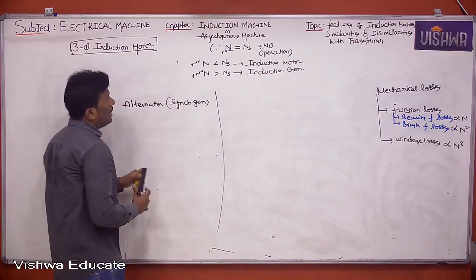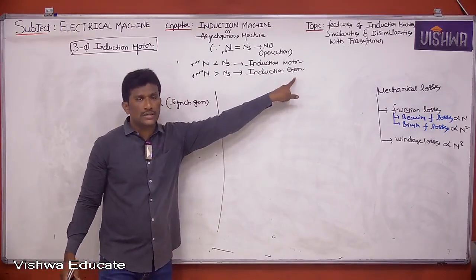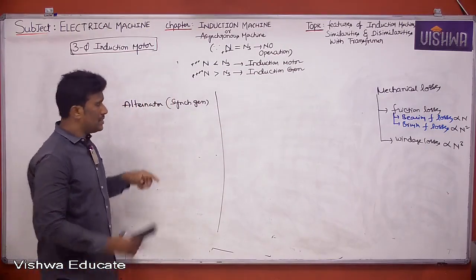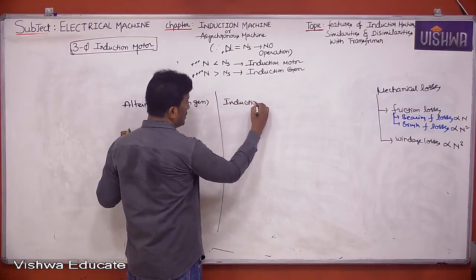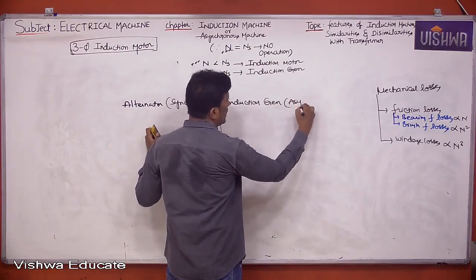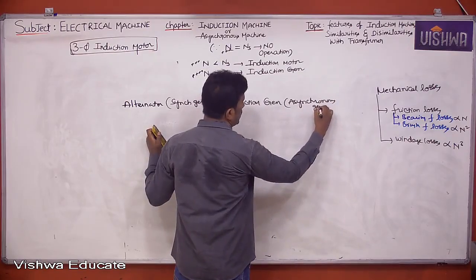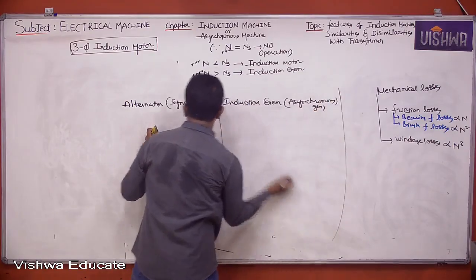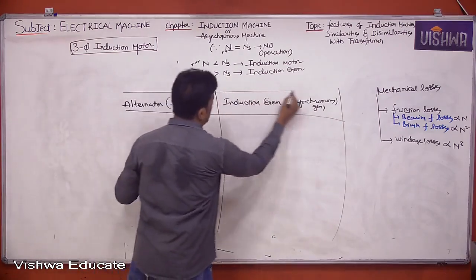So why is the induction generator not as famous as the alternator? Induction generator, what is the other name for this? Asynchronous generator. Very simple. Alternator can also be called a synchronous generator.